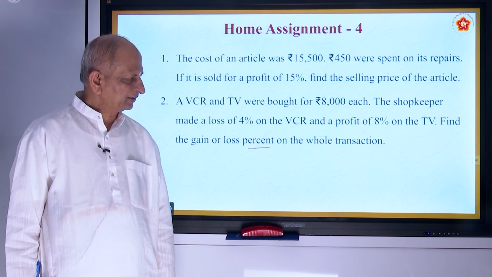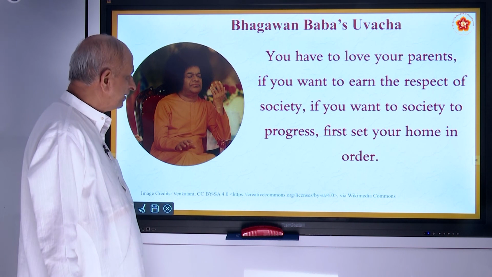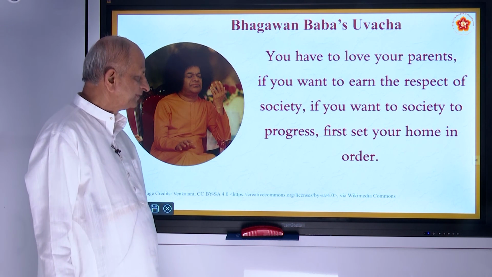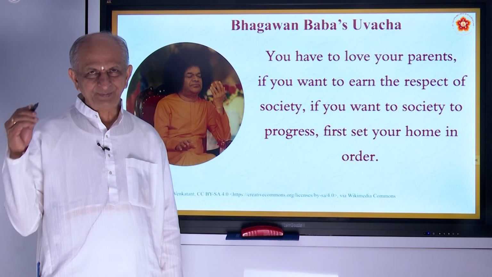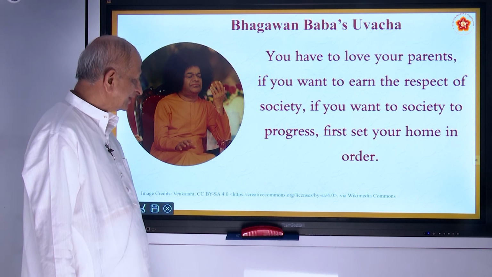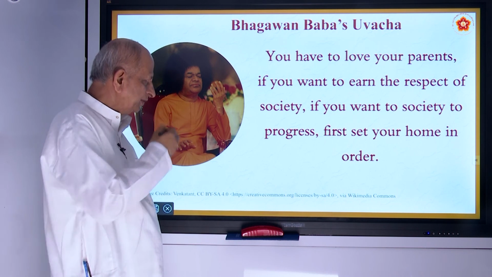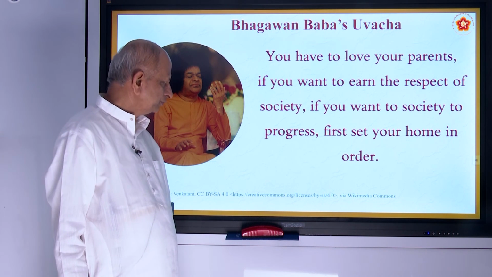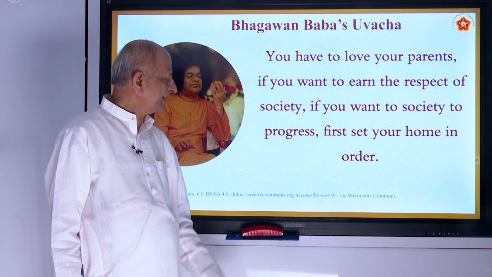Okay, now let us see what Bhagwan Baba says. Bhagavan Baba says you have to love your parents. Matrudevo Bhava. Come on, repeat. Pitrudevo Bhava. If you want to earn the respect of society, if you want society to progress, first set your home in order.